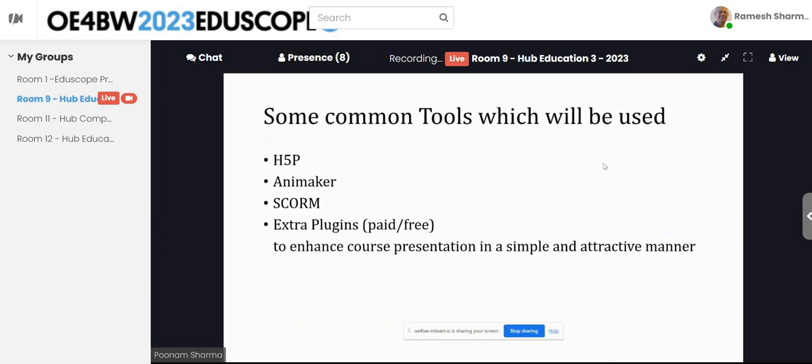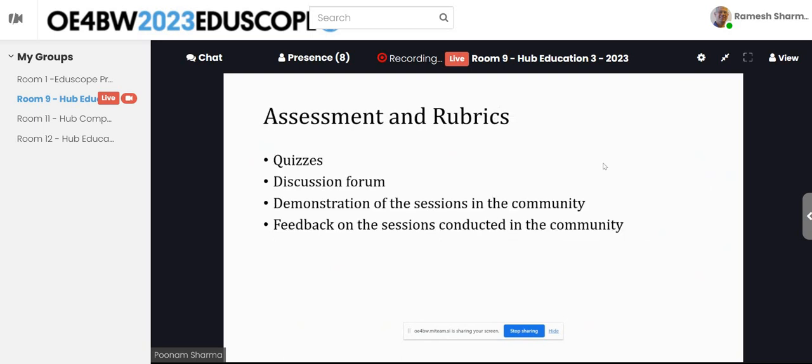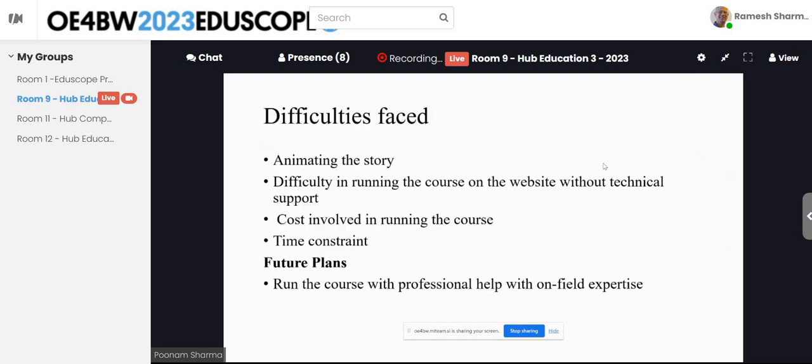So these are common tools which I have downloaded, but I apologize, it's really difficult for me to manage them, considering time and technicalities. I spent one week understanding them. Then I thought I would take someone who is very well versed with these technical tools. The main difficulty I am facing at the current level is animating the story.